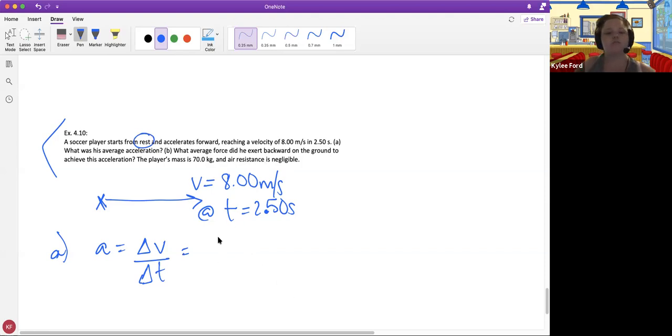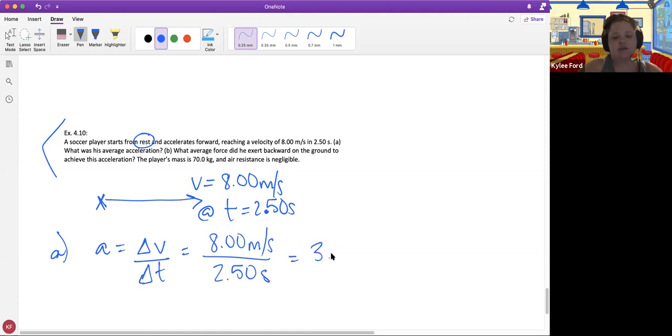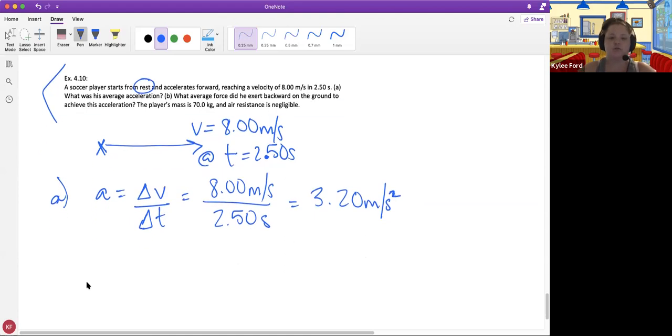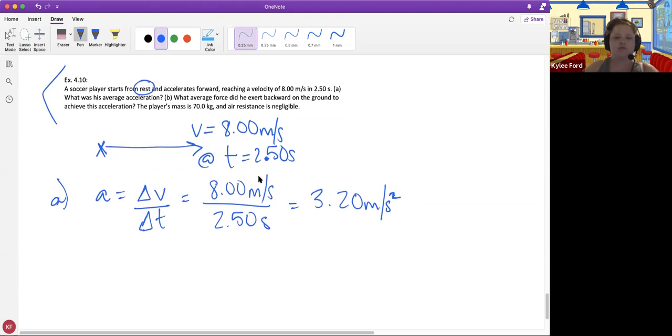So my change in velocity is 8 meters per second, and my change in time is just going to be my time, which was 2.5 seconds. You plug that into your calculator and you get your acceleration as 3.20 meters per second squared. Pretty simple, not too bad.